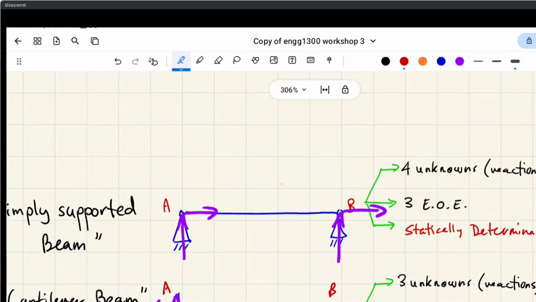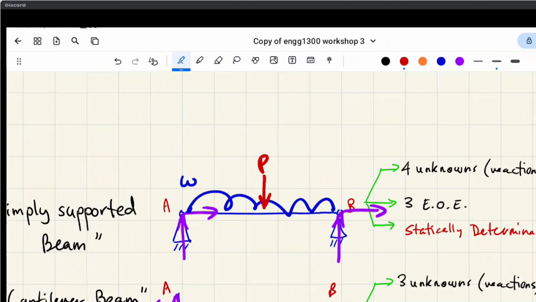So let's say we have a distributed load that goes down. Okay, I'm going to start doing the lazy way. It's easier to draw. So that's a uniformly distributed load, right? That's all pointing down. Sorry, it's kind of a lazy way of doing it. And we also have a point load, okay? But everything's only acting down, right?